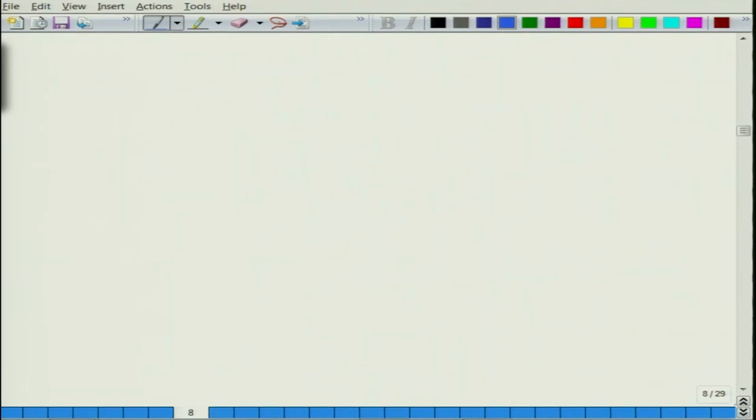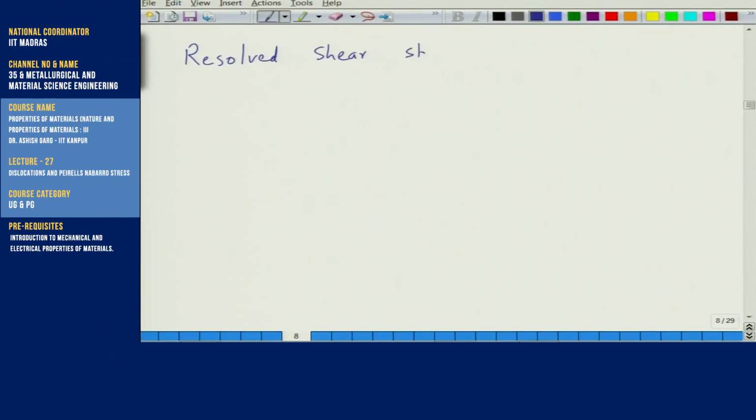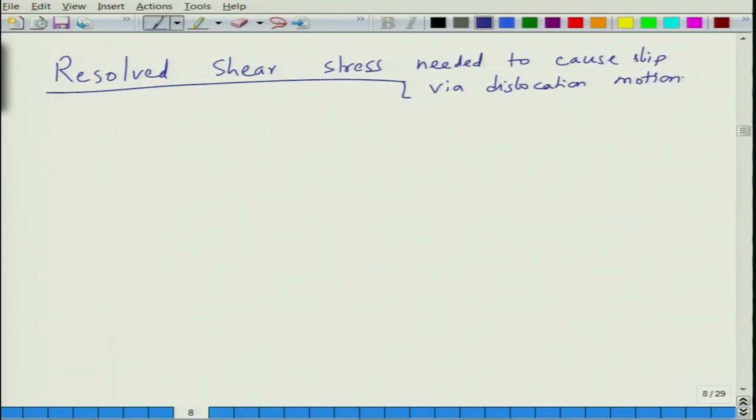Now, what is the quantitative way of estimating this kind of strain? So, the resolved shear stress that is needed to cause slip via dislocation motion depends upon two factors.